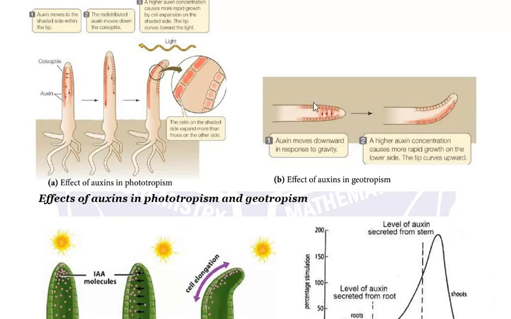Kwa tukipata jua huku juu, kama tulisema kwamba distribution of auxin inakimbia mwanga, so more auxin which is produced at the coleoptile tip will be distributed on the shaded side.